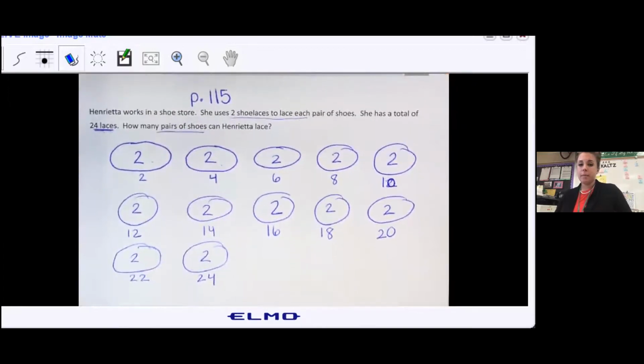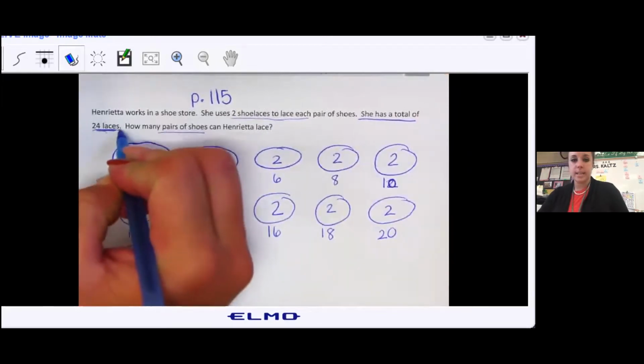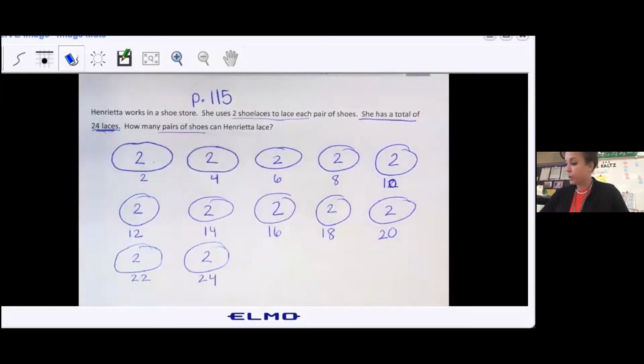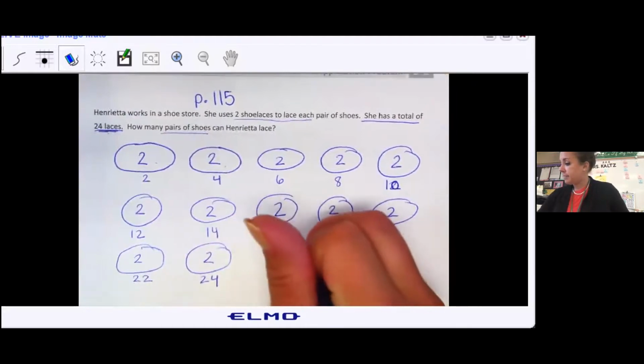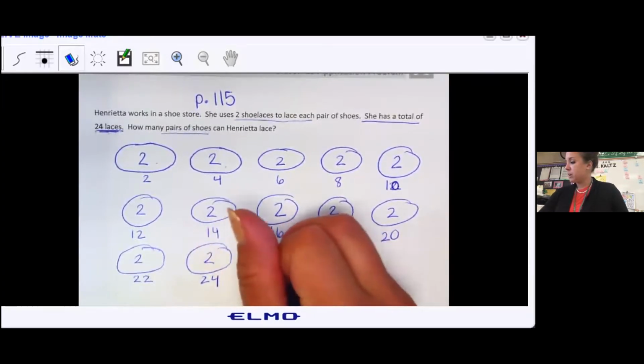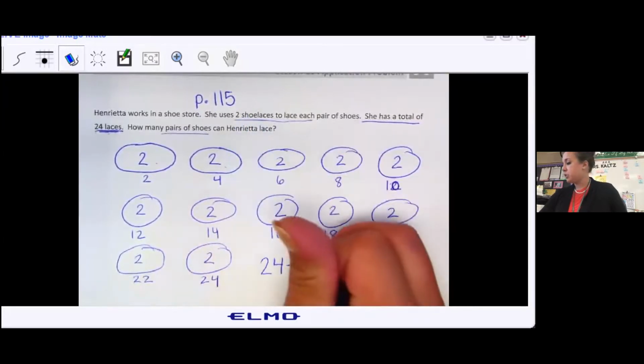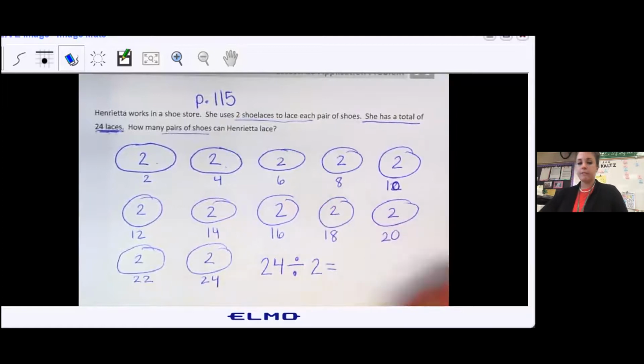Also, another way to think about it, we know the total. It tells us right here, she has a total of 24 laces. When we know the total, we divide. So we take that big number 24 and we divide it by our smaller number in our problem, which is 2. 24 divided by 2, you can do a couple things here.